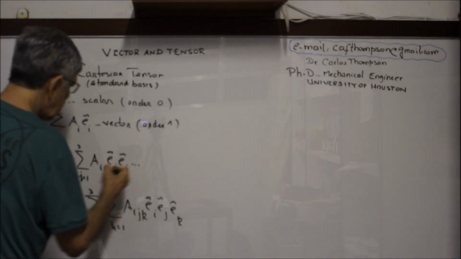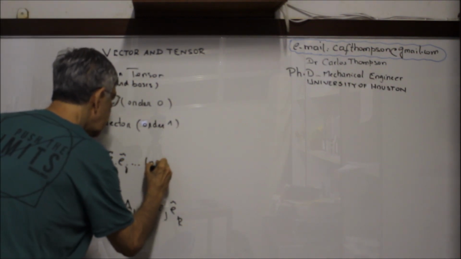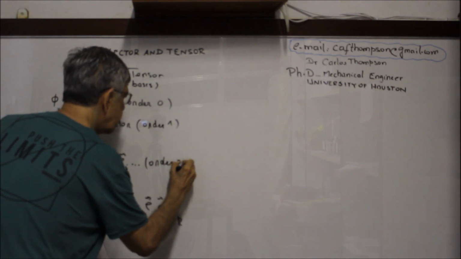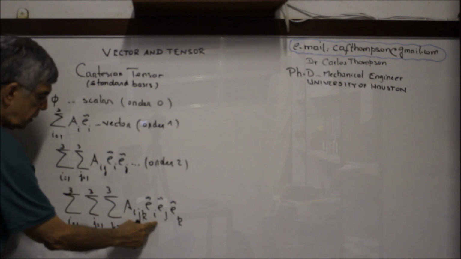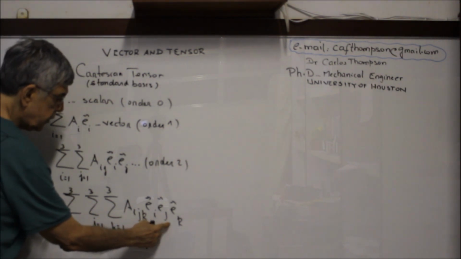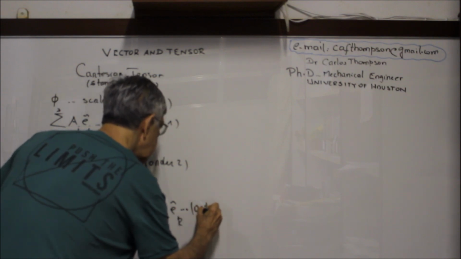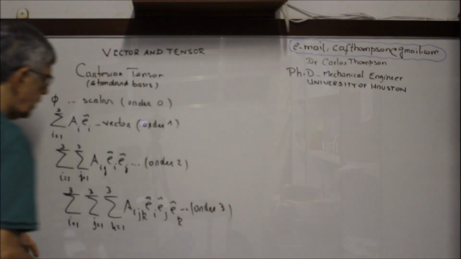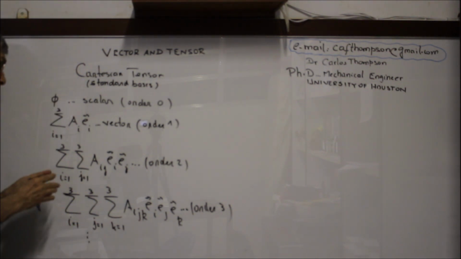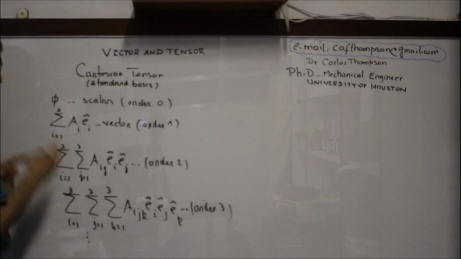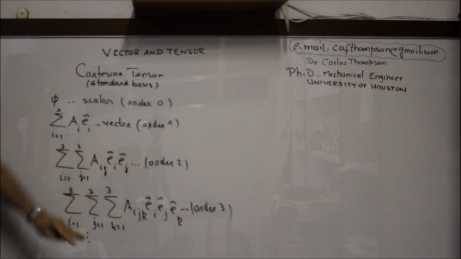This I'll call a tensor of order 2. See, Ei Ej. Here, Ei Ej Ek. So, a tensor of order 3, and so on. Now, we see the order of a tensor by looking at the unit vectors. This is a tensor of order 3.